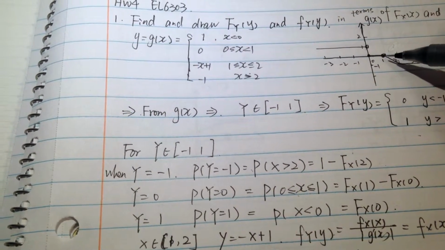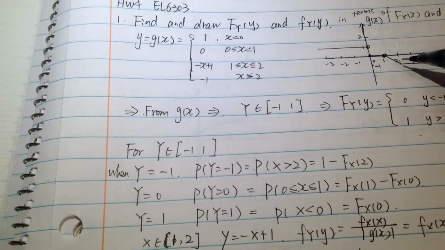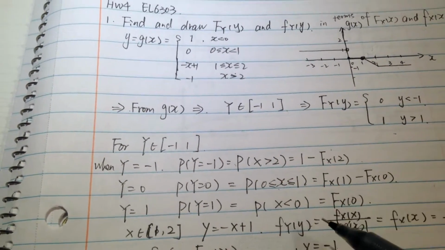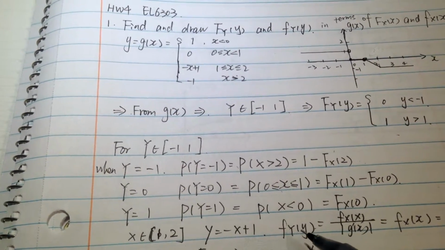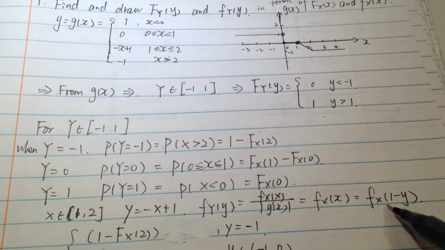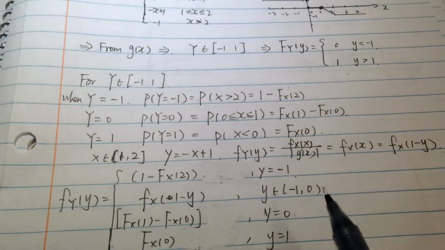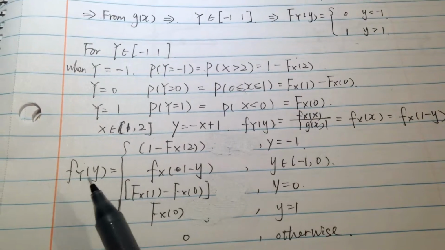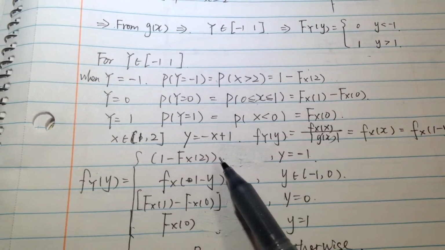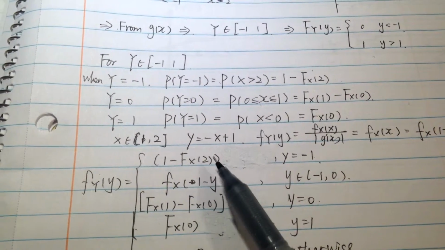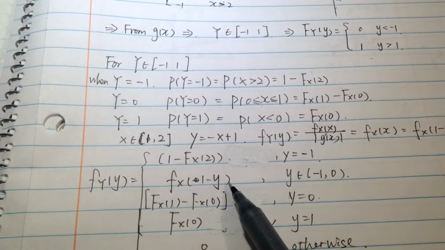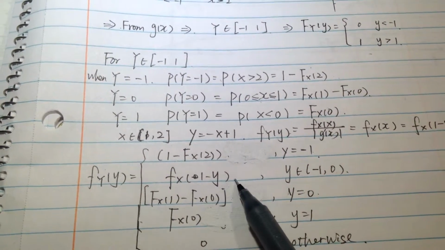And when X is between 1 and 2, Y equals minus X plus 1, so the density function of Y equals fx(1 minus y). So we can get the expression of the density function of Y. When Y equals minus 1, it is equal to 1 minus Fx(2), and for Y between minus 1 and 0 it is equal to fx(1 minus y).